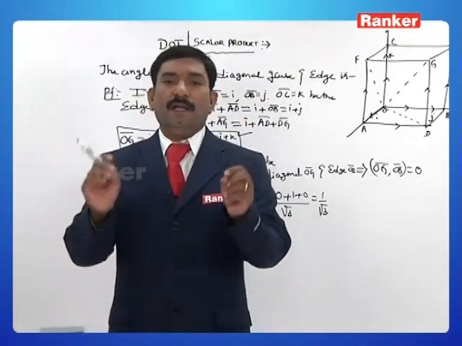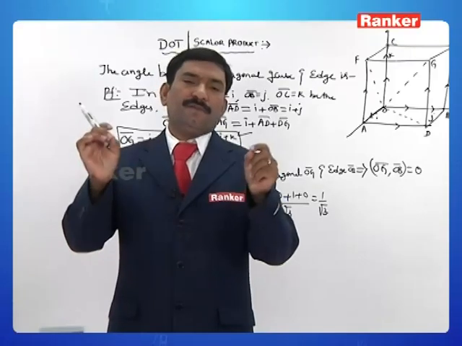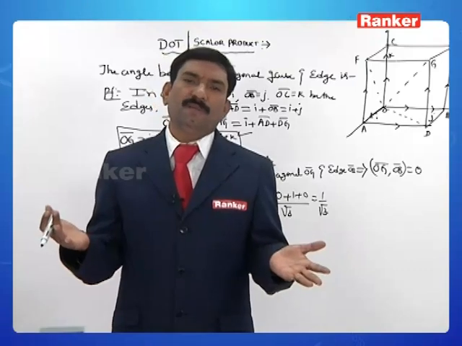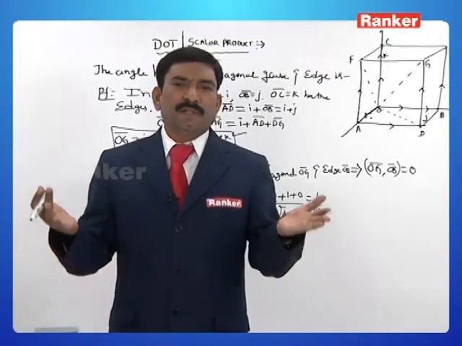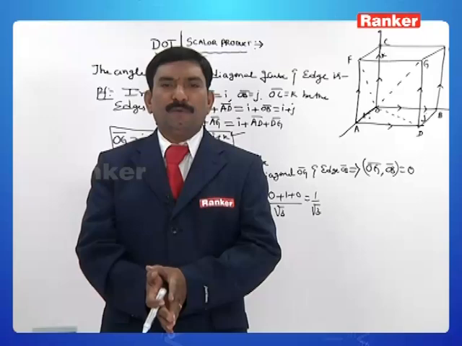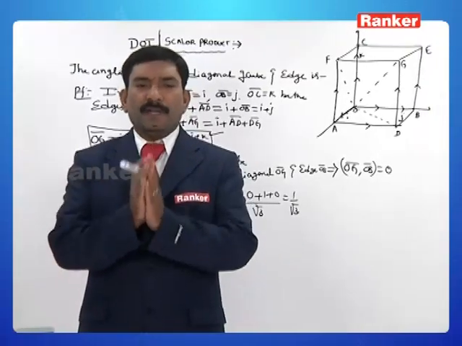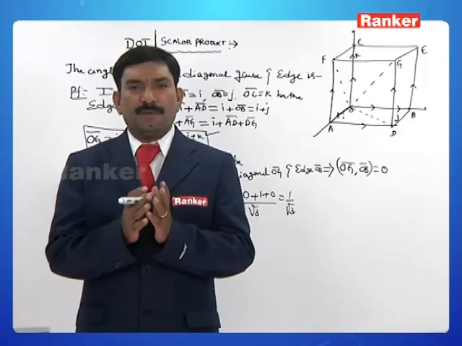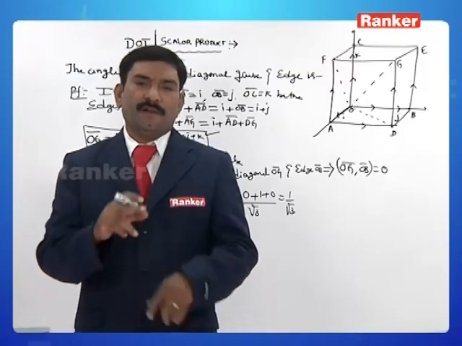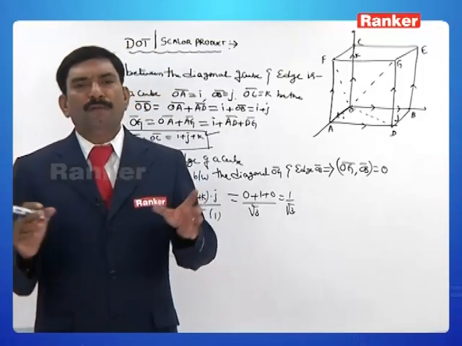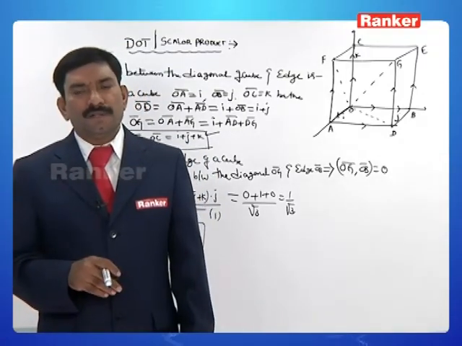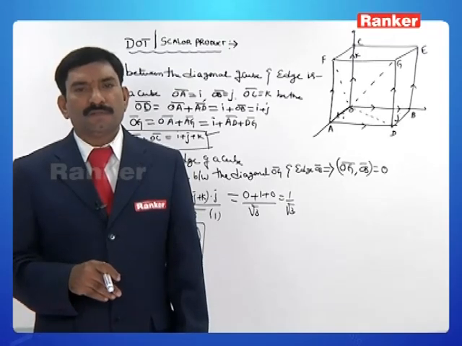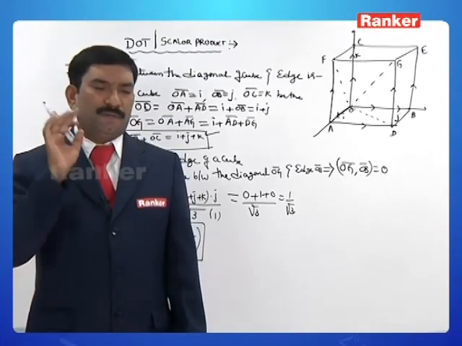Instead of taking OZ bar, you can also go for AE bar, which is also a diagonal of a cube. Hence, the angle between the diagonal of a cube and an edge of it is always theta equal to cos inverse of 1 by root 3.